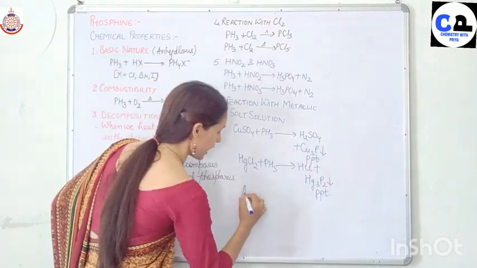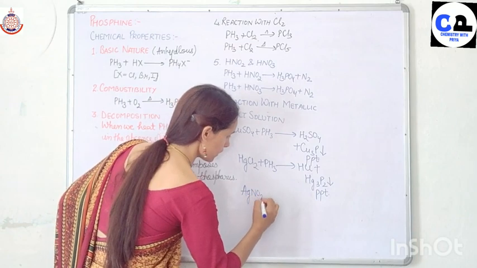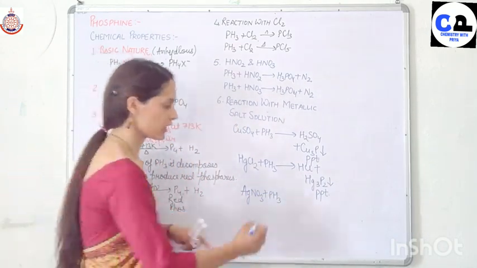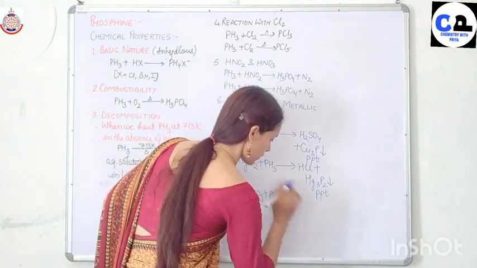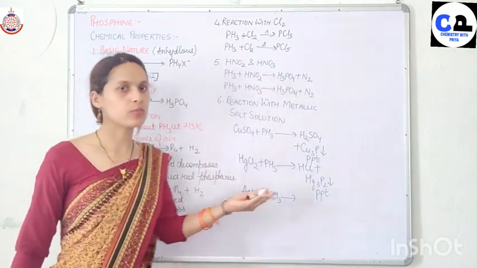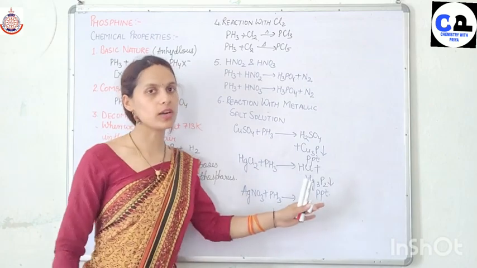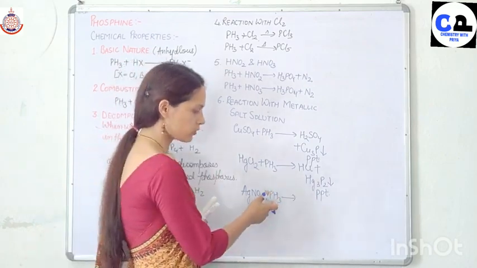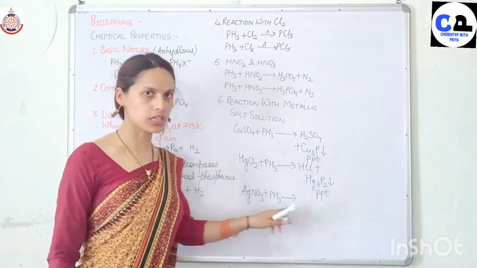But if I react AgNO3 with PH3, what does it give? According to this reaction, we should get HNO3 plus Ag3P.